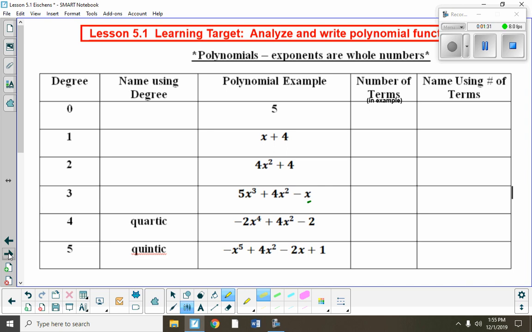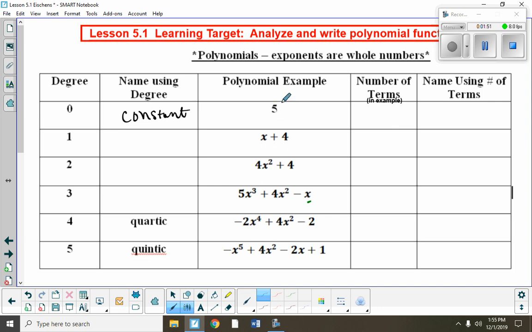So we're going to just fill out a chart and use some of these terms to describe polynomials. This first one is a constant. You'll notice there isn't a variable, or if the variable is there, it's to the 0 power. So this is called a constant because it's degree 0. Degree is the highest exponent.